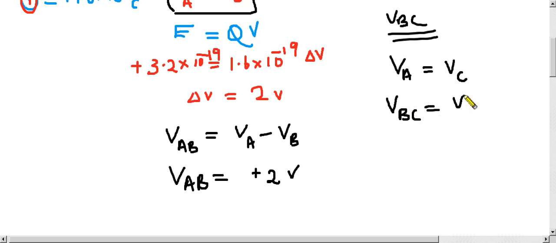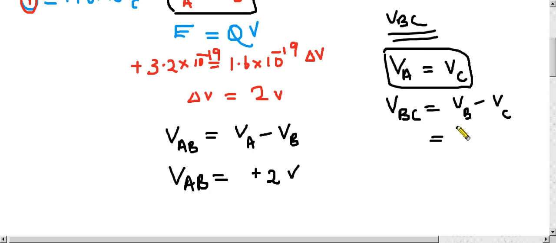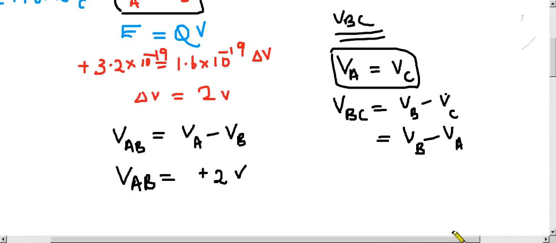VBC equals VB minus VC. The same order we have to write. Since VA equals VC, we can write VB minus VA.